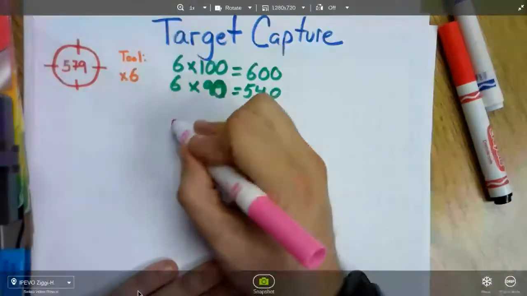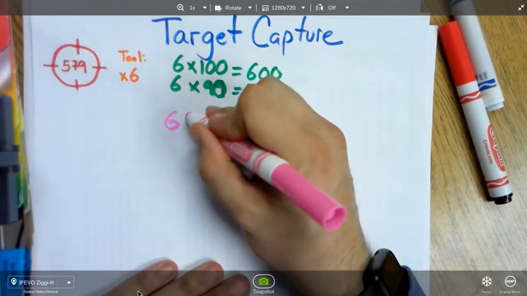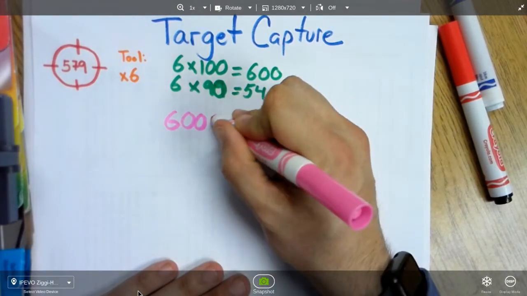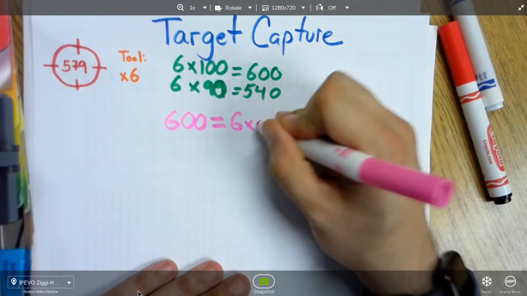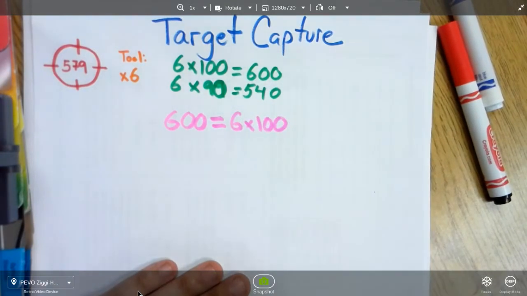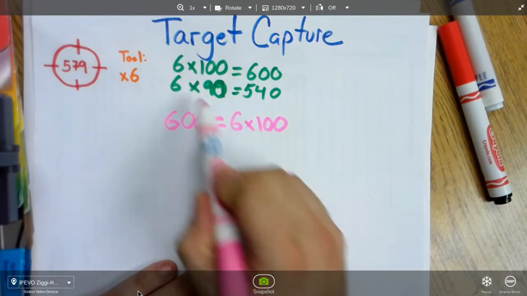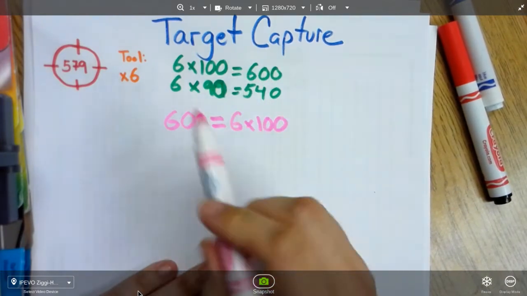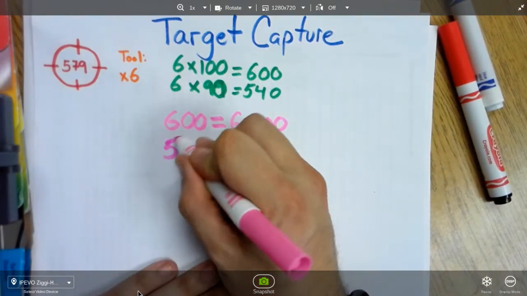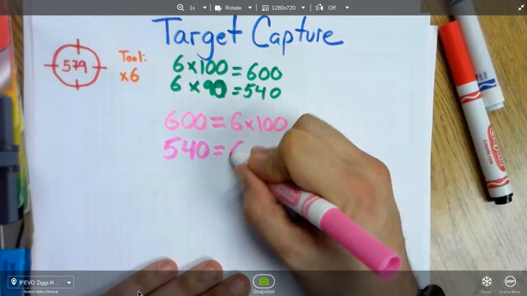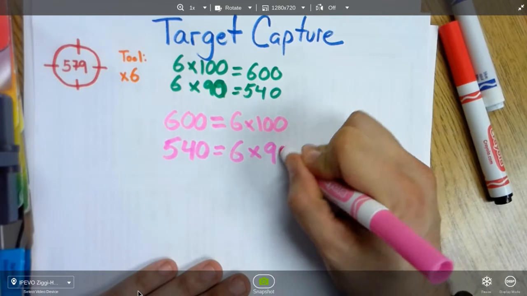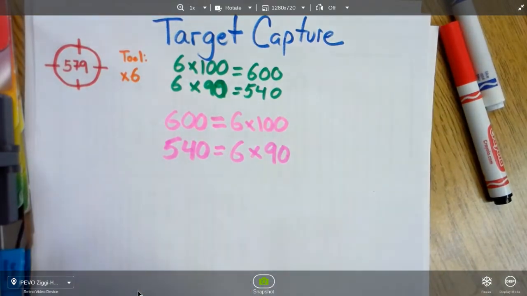I'm going to say 600 equals 6 times 100. It's the exact same thing. I just put the answer on the other side. Let's do the same thing here. 540 equals 6 times 90. And again, it's the same thing, having changed it.